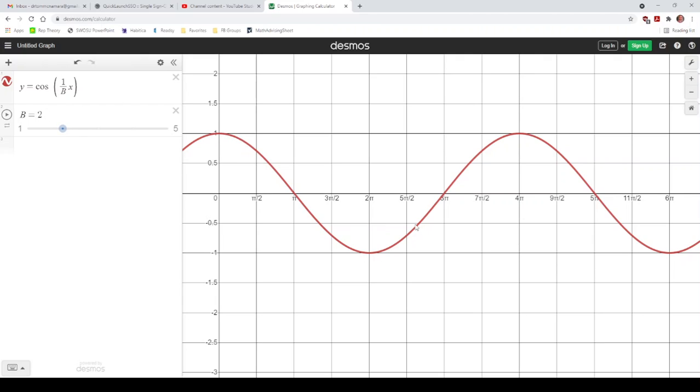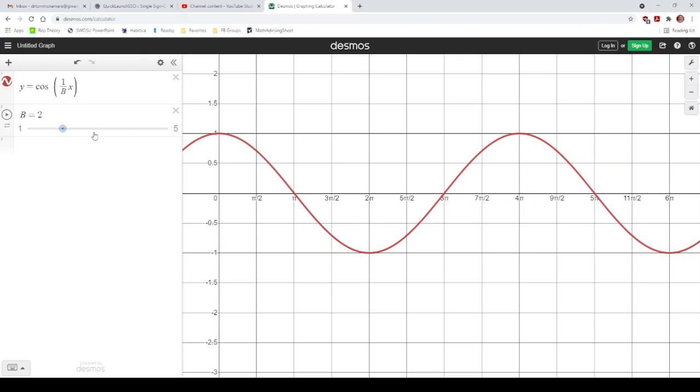Notice over here, one complete cycle now takes 4 pi units. So if this number is smaller than 1, it actually lengthens the cycle. If that number is bigger than 1, the cycle is compressed. So this multiplier is related to the period of the function.